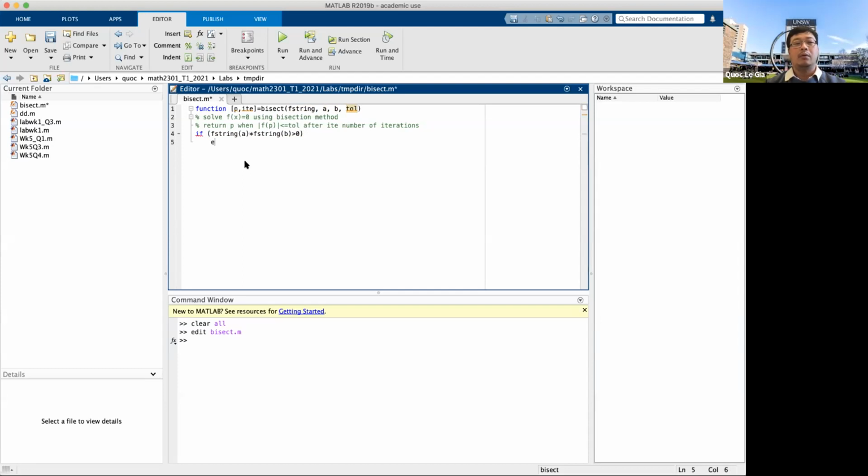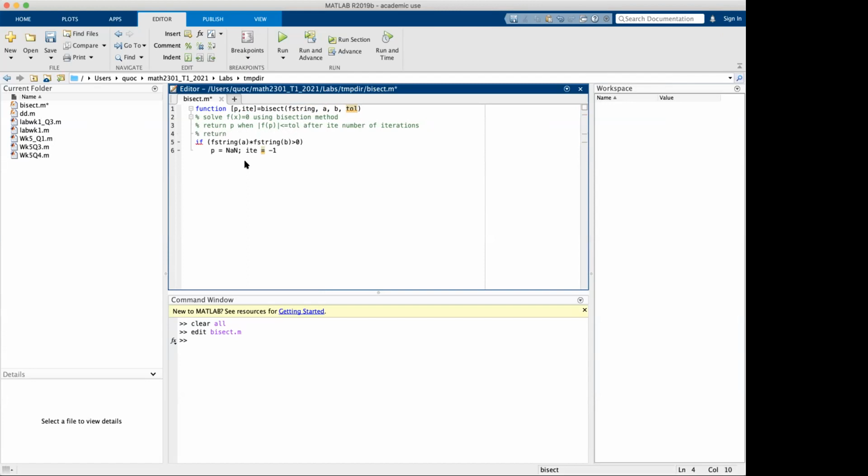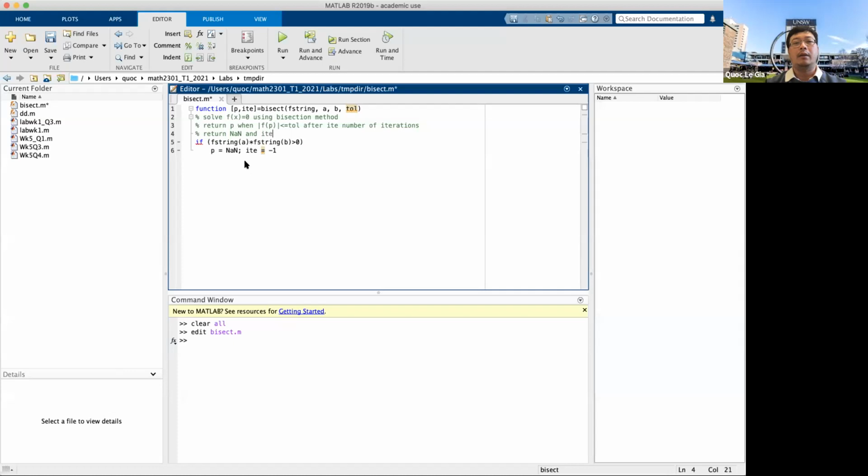So maybe you say that p is not a number, and the number of iterations can be -1. So we can add into the description: return not a number and ite is -1 when there is no solution.